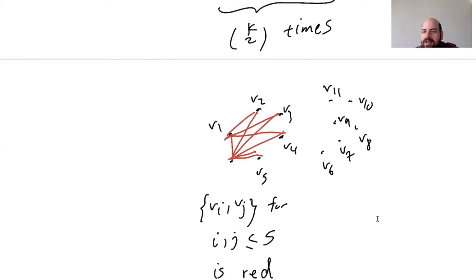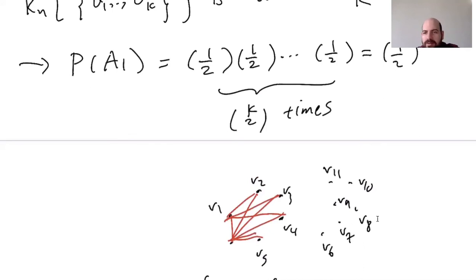The rest of the edges can be anything: all red, all blue, or some part red and some part blue. You can consider the probability for each of those graphs and add them, and you will see you get the same number. Technically I shouldn't include the rest because the induced subgraph has K vertices, but even if you include them, you still get the same result.